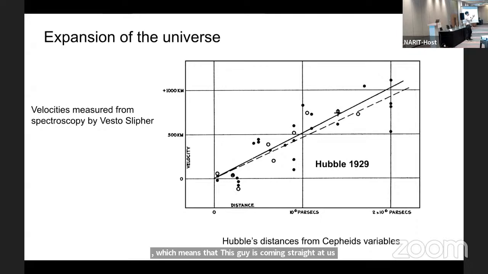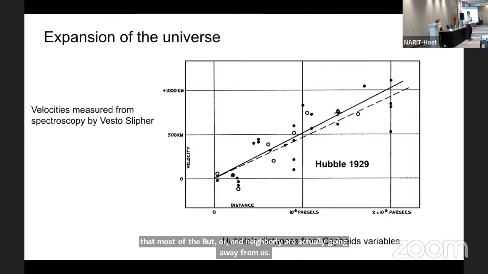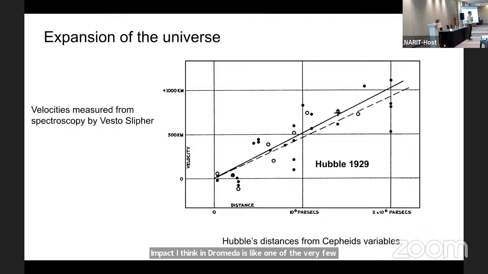That's one peculiar aspect of the dynamics of the local group. But once he continued making these observations, he found that most of the spiral nebulae are actually going away from us. In fact, I think Andromeda is one of the very few that has a blueshift. Everything else has a redshift. The absorption and emission lines are shifted to the red, meaning they're moving away from us.